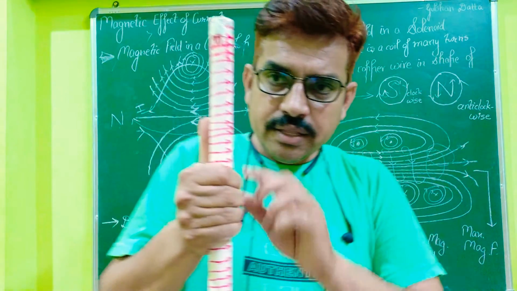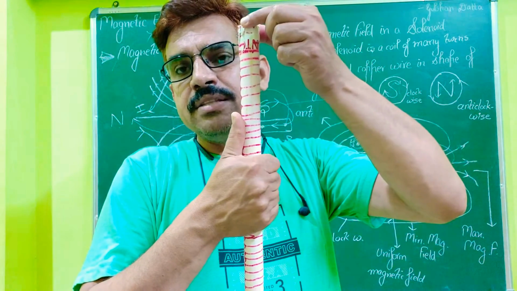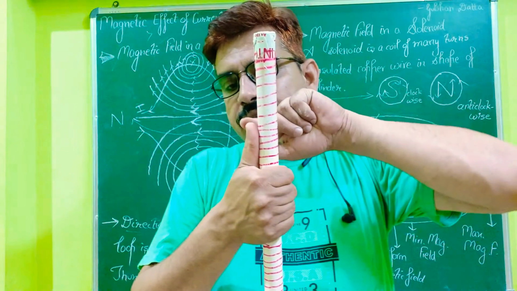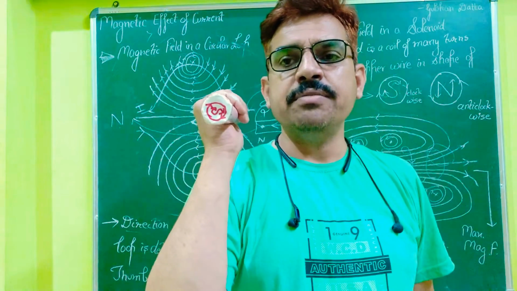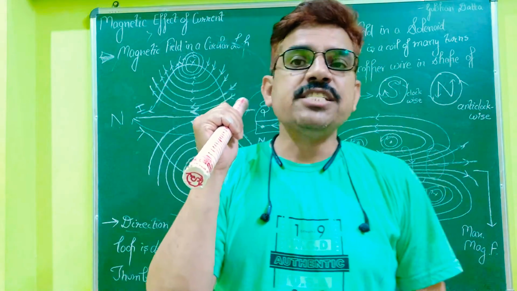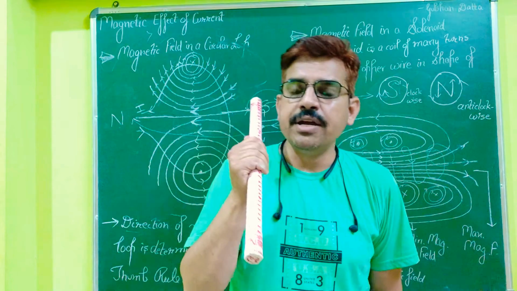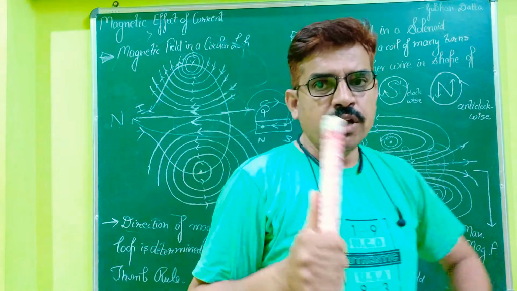Then the thumb is always in this direction, and where the thumb points, that end behaves as a north pole and the other end behaves as a south pole. So this is the way we can explain which end appears to be a south pole and which end appears to be a north pole.